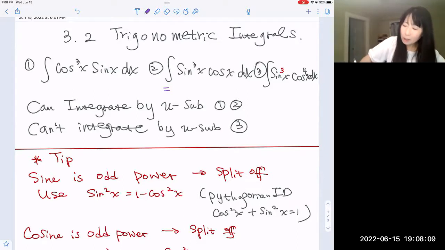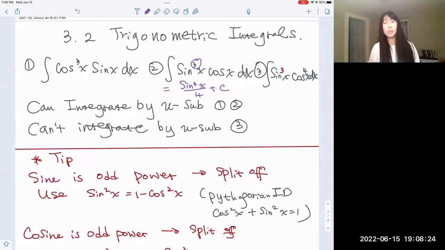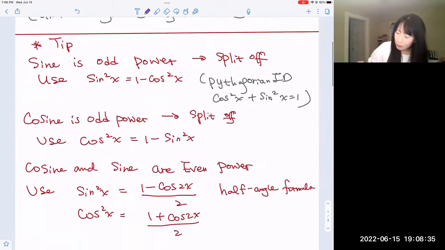So then we are dealing only with the sine to the sixth power. So we are dealing with only the power. So we're going to have sine to the fourth power x over 4 plus c. Okay, this is by use of substitution. I explained this method to you yesterday. I posted this method on the announcement. Please watch that.